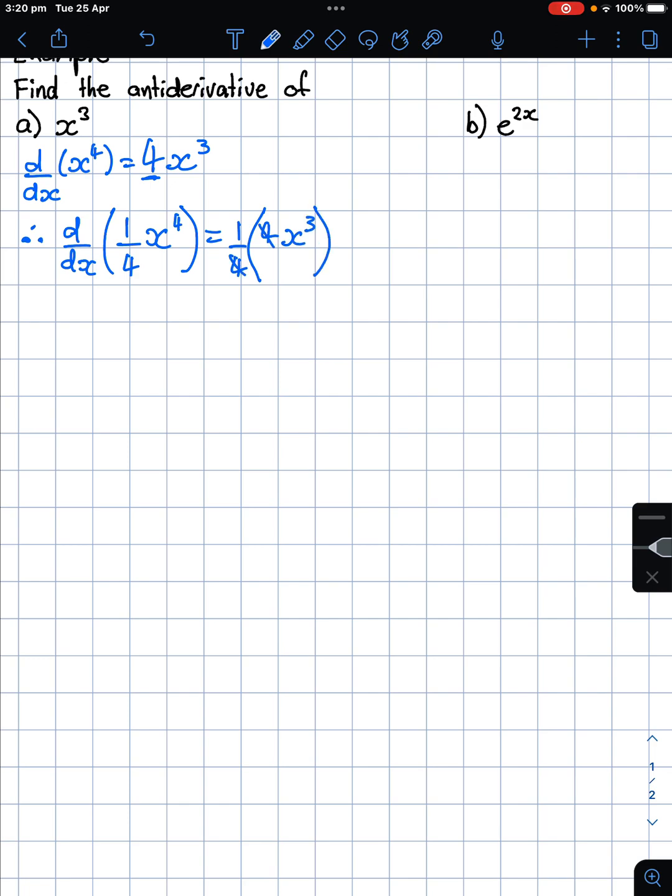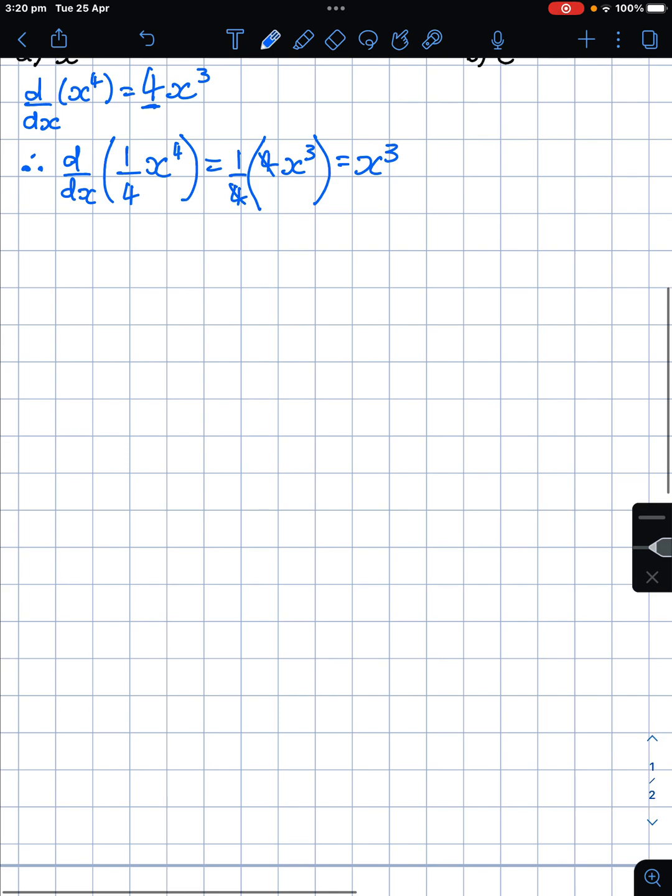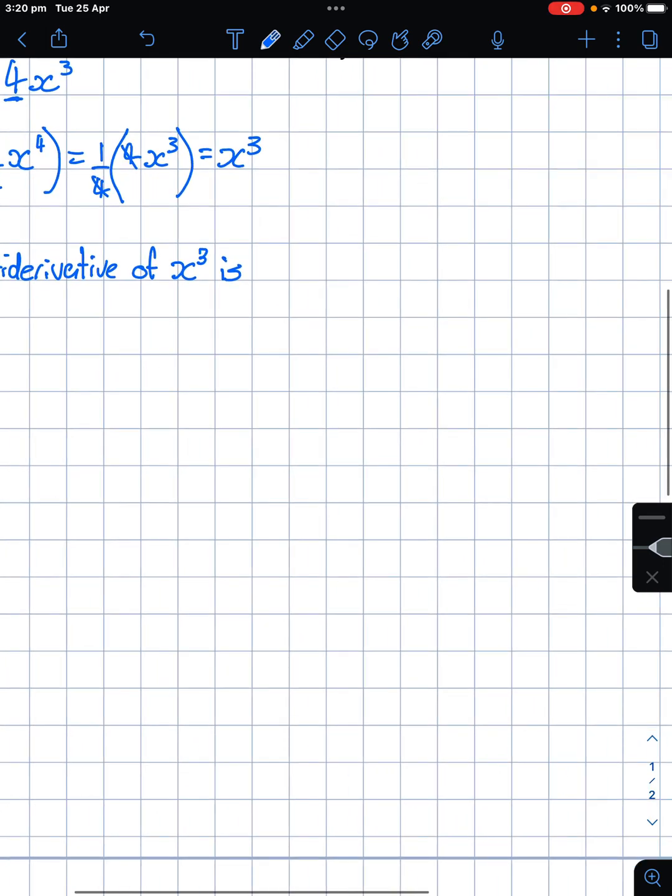So that is going to equal x cubed. So we can write here, therefore, the antiderivative of x cubed is 1/4 x to the 4.